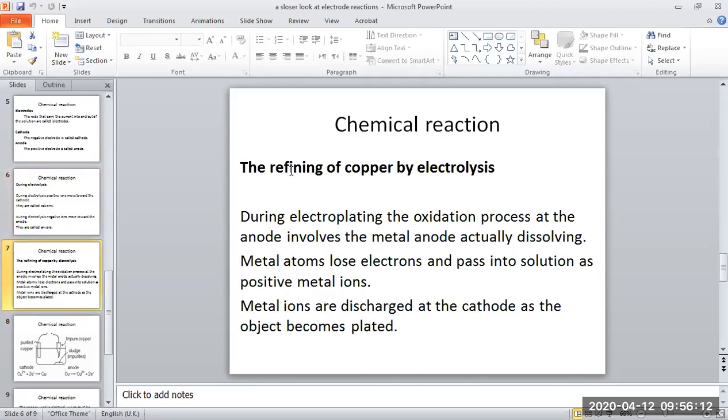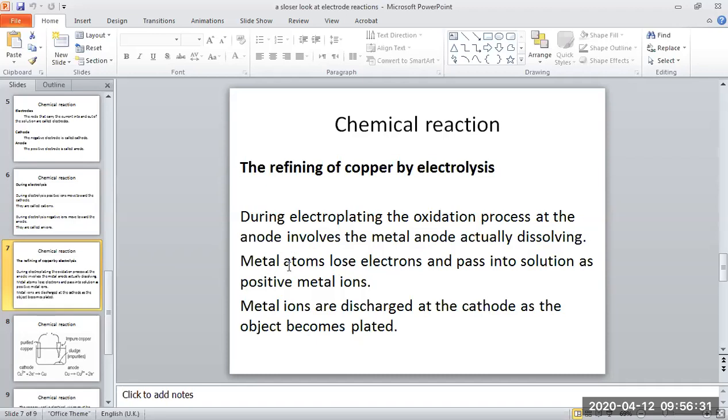Next is the refining of copper by electrolysis. During electroplating, the oxidation process at the anode involves the metal anode actually dissolving.